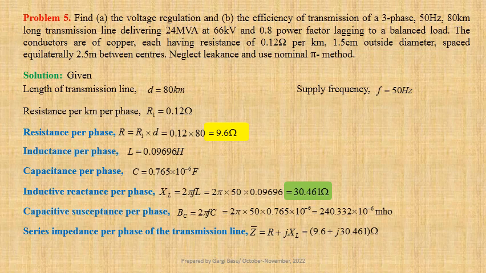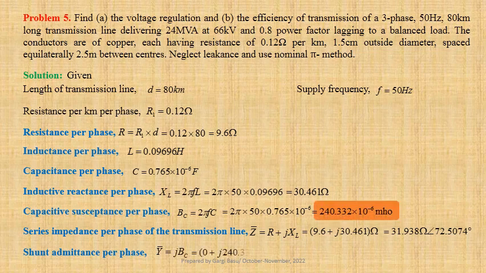This may be written in polar form as 31.938 ohm at an angle 72.5074 degree, and shunt admittance per phase Y equals J times BC, that is equal to 0 plus J times 240.332 into 10 to the power minus 6 mho or 240.332 into 10 to the power minus 6 mho at an angle 90 degree.